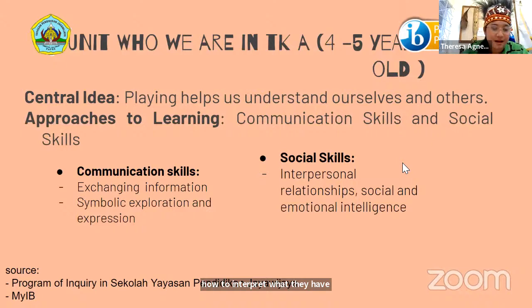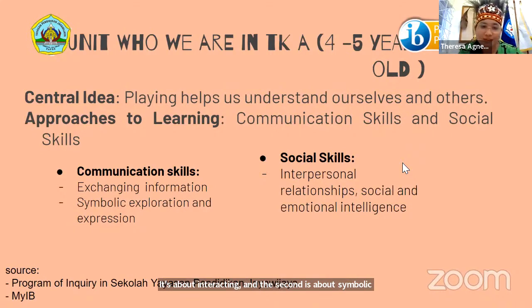And these are the sub-skills that we got from the IB for communication skills: exchanging information, which is about speaking, listening, and interpreting. And the second is about symbolic exploration and expression.